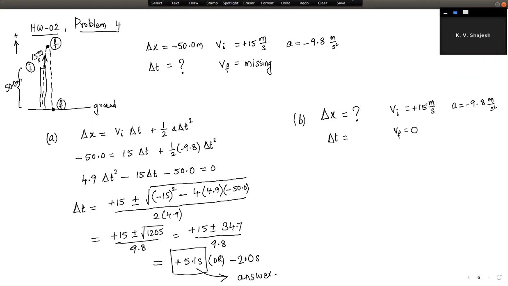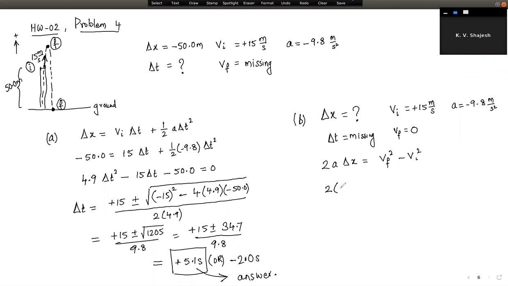Once we use that, there are 3 out of 5 variables known, and the missing variable is delta t. We look for the equation that does not involve delta t, and that equation is 2 times a times delta x is equal to v final square minus v initial square. Plug in the numbers.